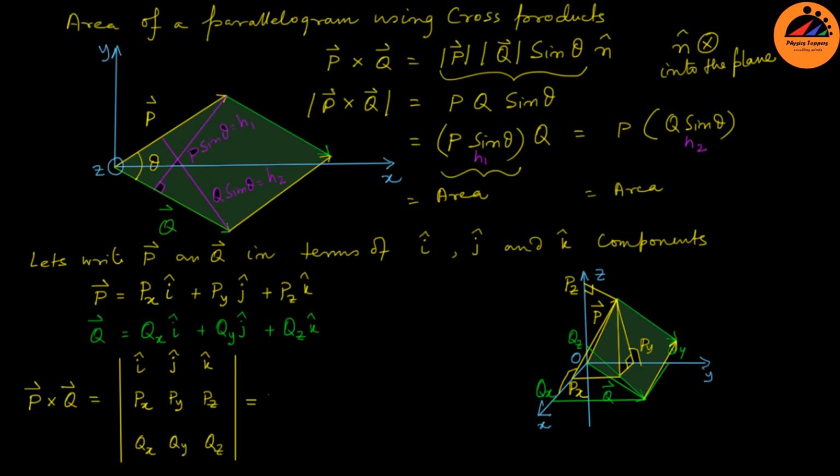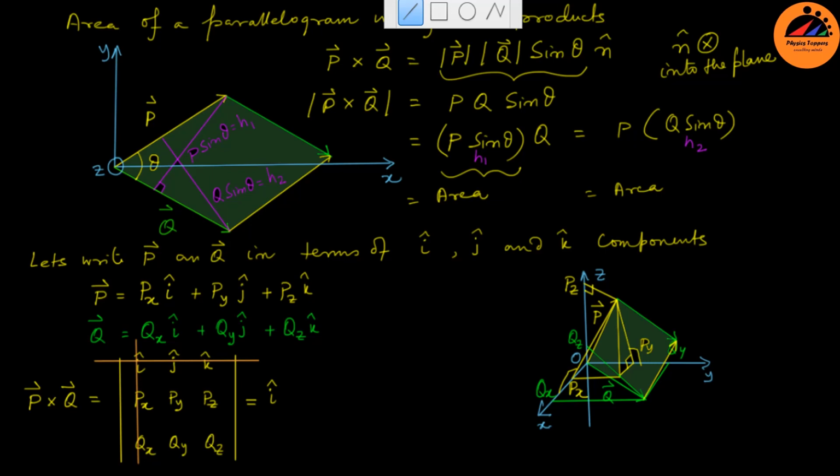So what you do is you take first i cap, you know how to solve a determinant, then you press i cap so that these two rows are omitted. Okay, you don't take these two rows. Then let's write in terms of determinant.